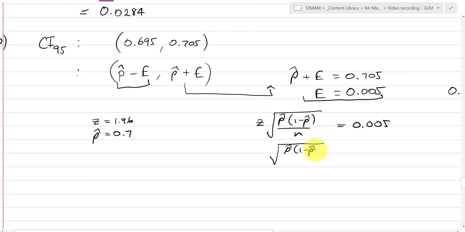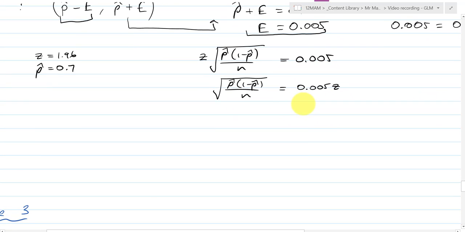The square root of P hat 1 minus P hat over N is equal to 0.005 over Z. And then I take a square of both sides, I get p hat 1 minus p hat over n is equal to 0.005 over Z, all squared. And then I'm going to flip it over.